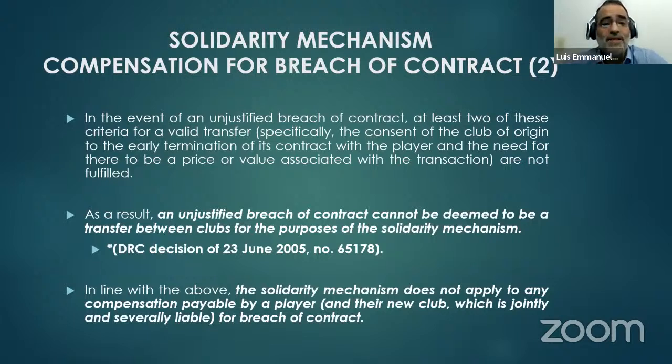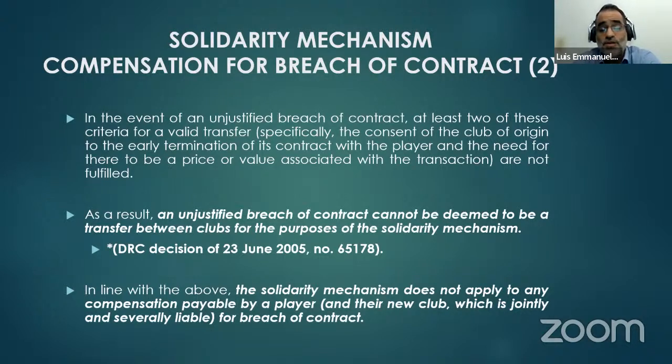So in the event of an unjustified breach of contract, at least two of these criteria for a valid transfer are not met. Specifically, the consent of the club of origin to the early termination of its contract with the player, and the need for there to be a price or value associated with the transaction. As a result, an unjustified breach of contract cannot be deemed to be a transfer between clubs for the purposes of the solidarity mechanism.